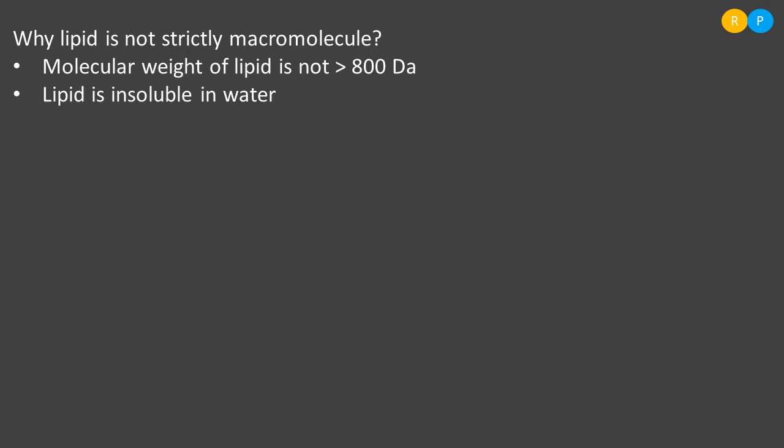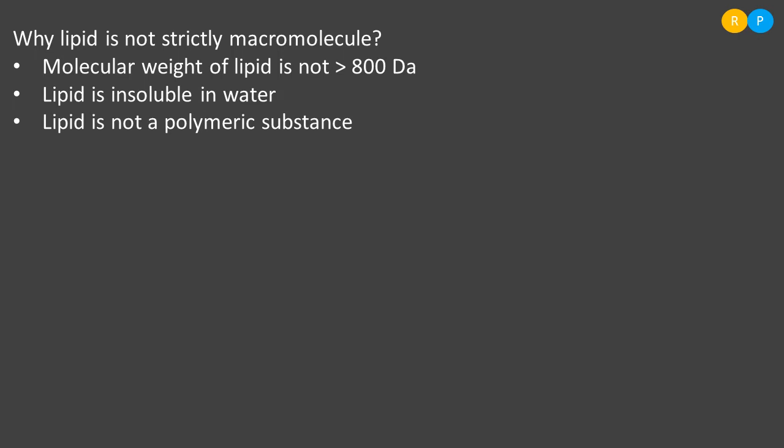It is unable to dissolve in water, so because of this reason, it is retained in the acid insoluble pool together with the other macromolecules. Then, lipid is not a polymeric substance. What do you mean by polymer?